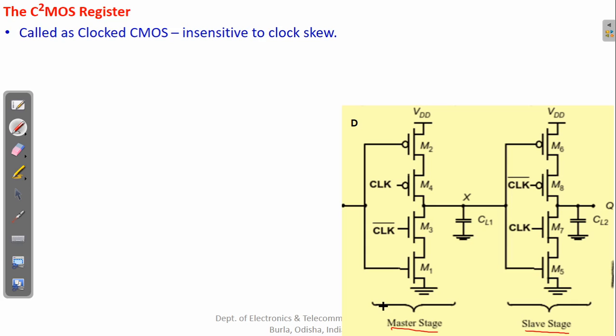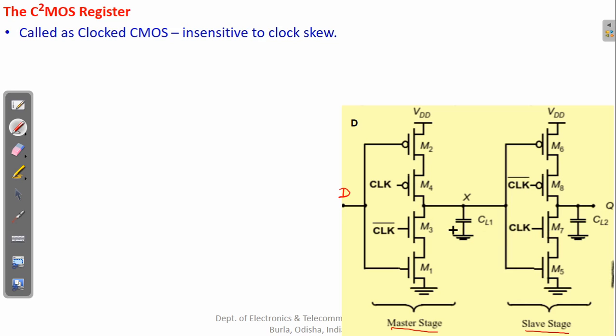This is the input D that is applied here. Each of these stages consists of one PMOS for the input of clock in the first stage, and one NMOS for the input of clock bar. And in the slave stage we have one PMOS for clock bar input and one NMOS for clock.